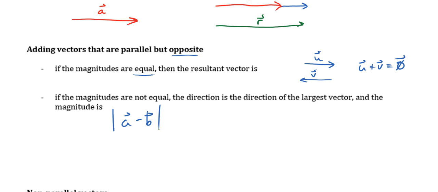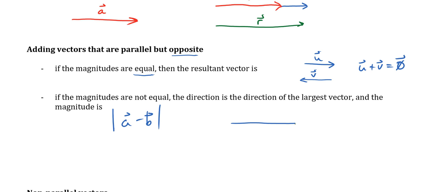If b is bigger, when I do a minus b, I get a negative, but magnitudes are always positive. So whether you see this as magnitude or as absolute value, same idea. It'll be positive, right? Because magnitudes are always positive.